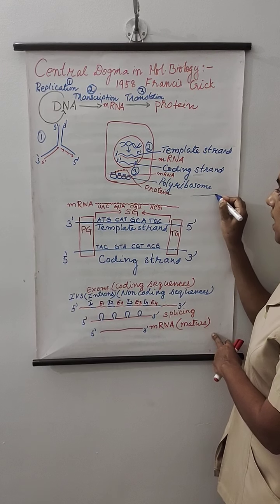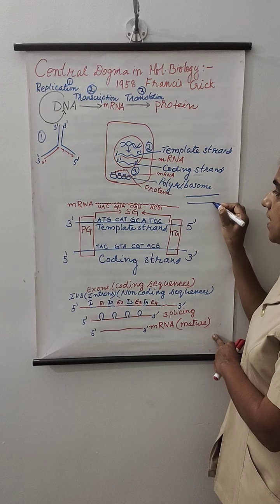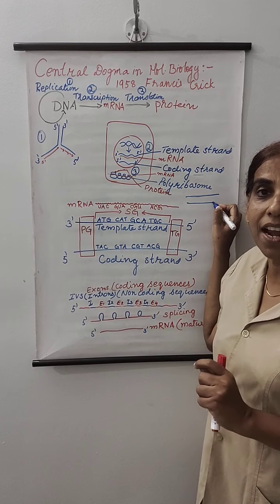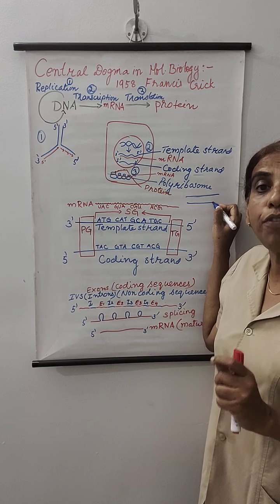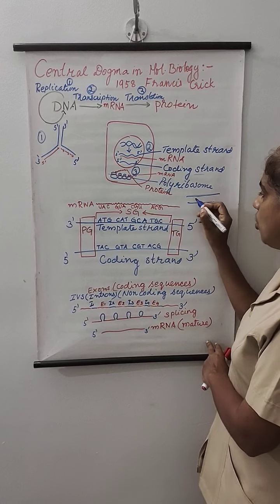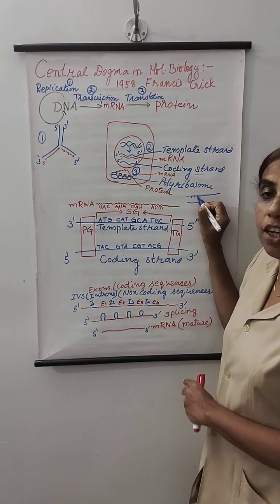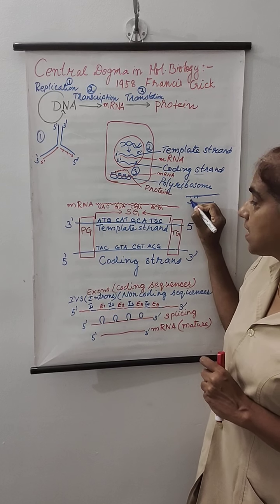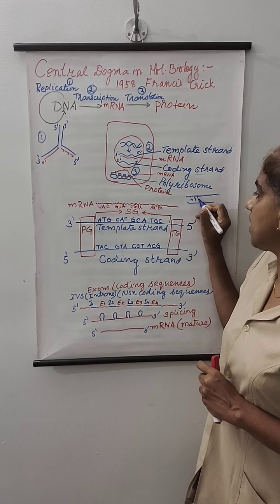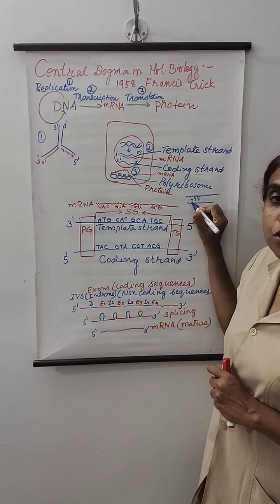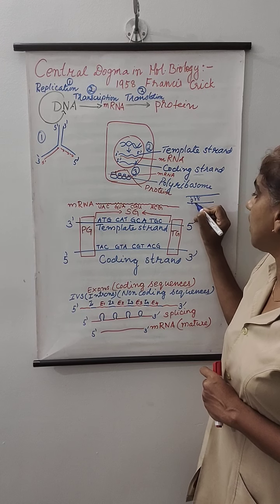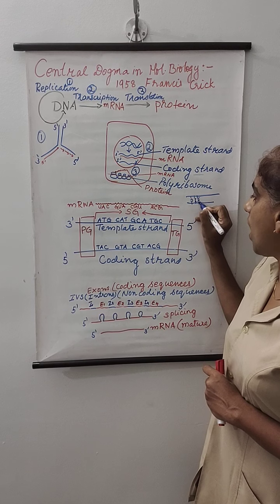You have studied that both polynucleotide strands of DNA are made up of nucleotides. The basic components of nucleotides are nitrogen bases. Suppose this is adenine, thymine, cytosine. Here also you get the complementary pairing: thymine, adenine, guanine.